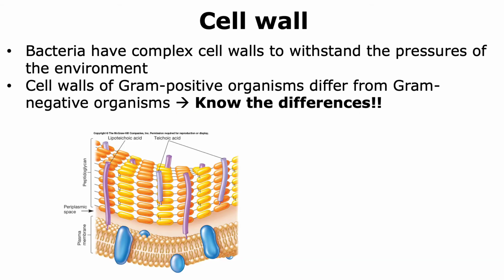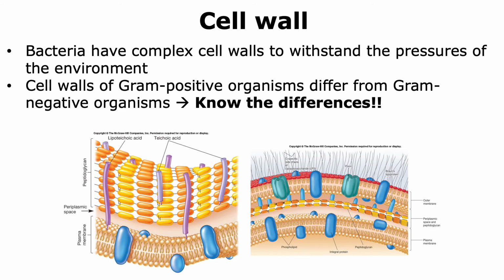Now, the cell walls of gram-positive and gram-negative bacteria are different, and that is what results in the different staining patterns. It is important to know the differences between the cell walls of these two types of bacteria. In the figure, we are actually seeing the cell wall of a gram-positive organism, where we can see these yellow and orange capsule-like structures that are joined together, which is the peptidoglycan.